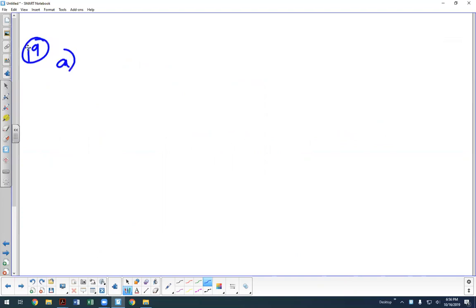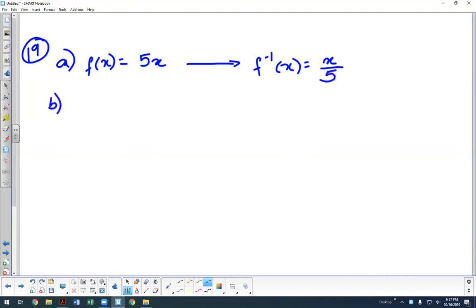Okay, so our original function is 5 times x. This is a single operation, so what will its inverse be? It's divided by 5, x divided by 5. Okay, not so bad.